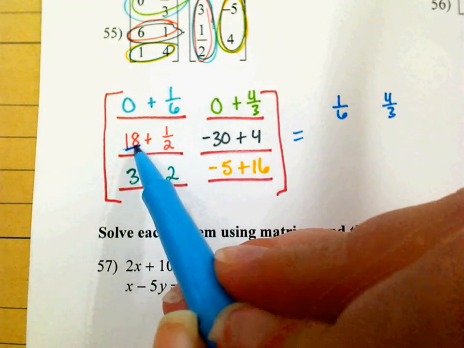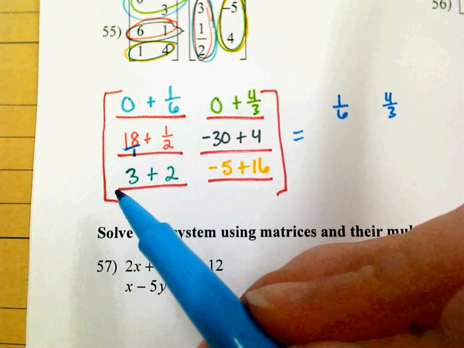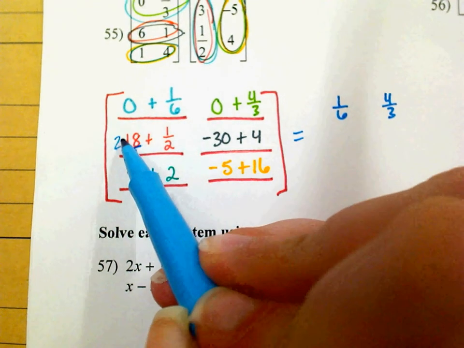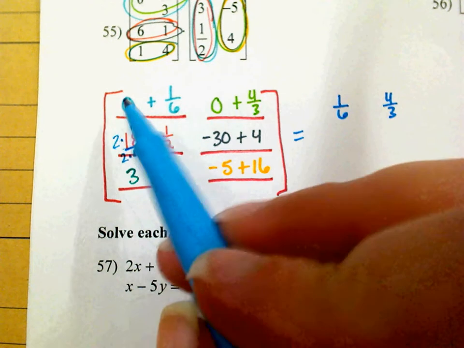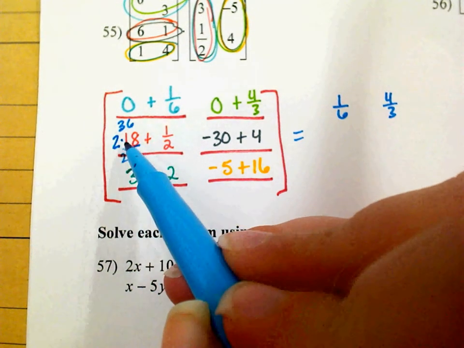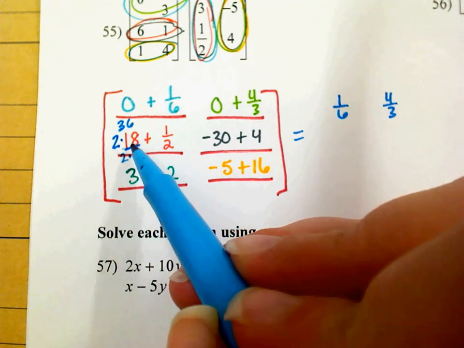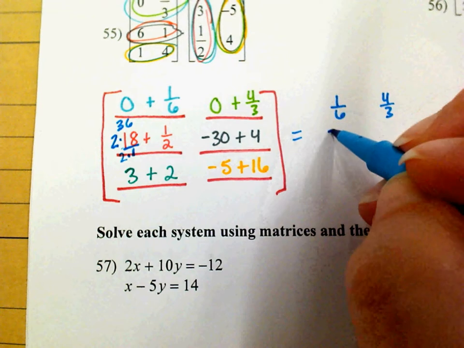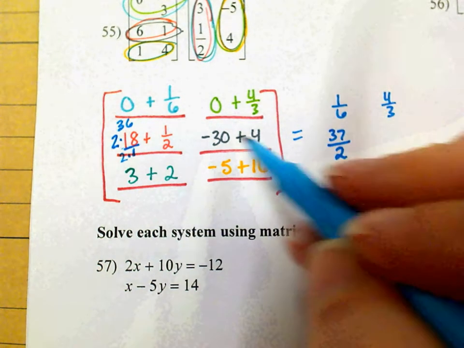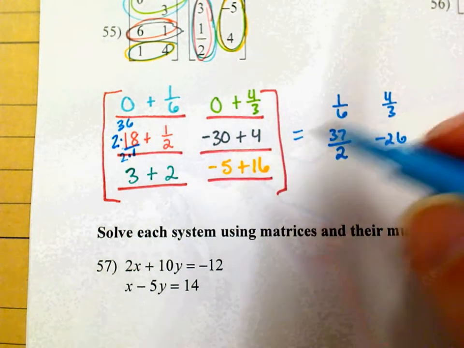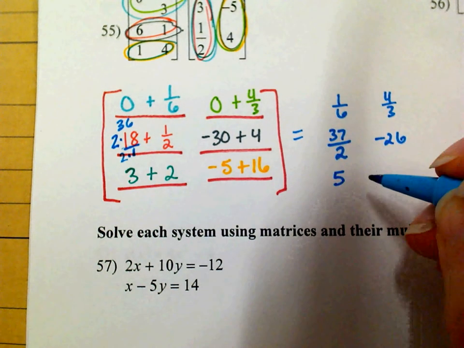What's the common between 1 and 2? 2. So what's 2 times 18? 36. What's 36 halves plus 1/2? 37 halves. What's negative 30 plus 4? Negative 26. 3 plus 2? 5, and negative 5 plus 16 is 11. And there's my answer.